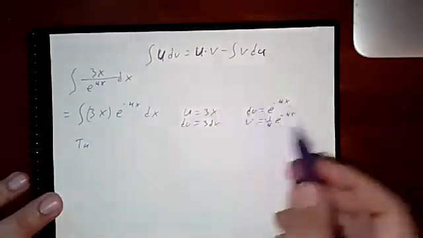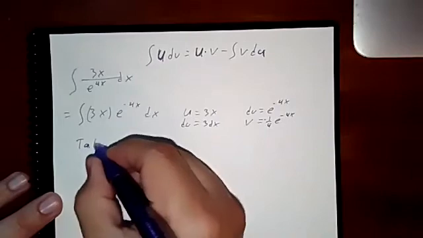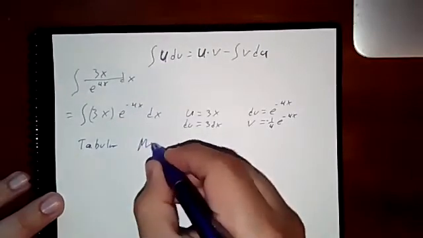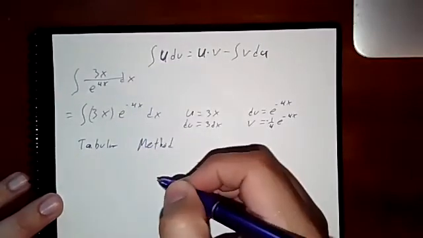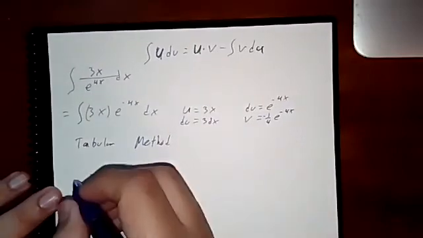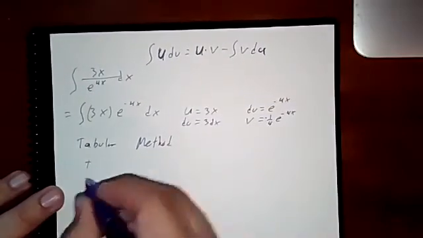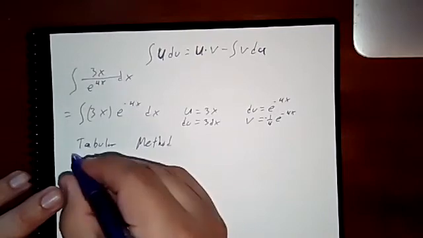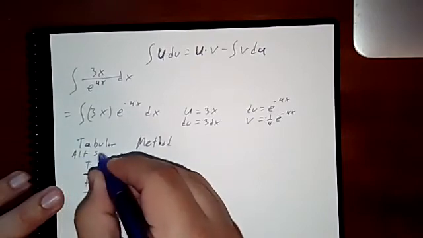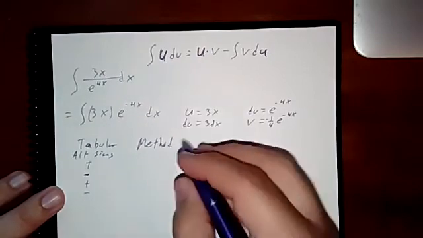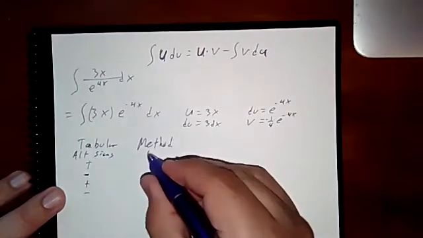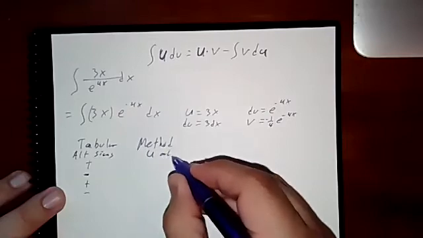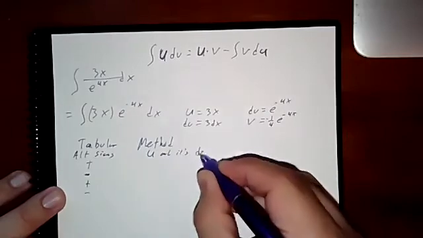This is how you would set up regular by parts, right? But let's use the other method. Remember, it starts with a plus, then goes to minus, plus, minus, and does that forever. Those are the alternating signs. And then we put the u and its derivatives.